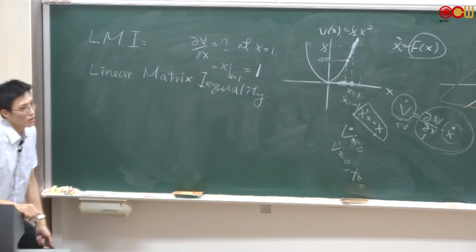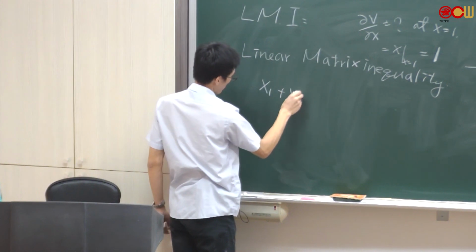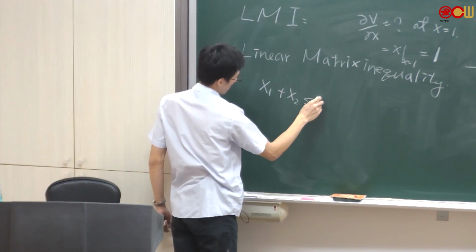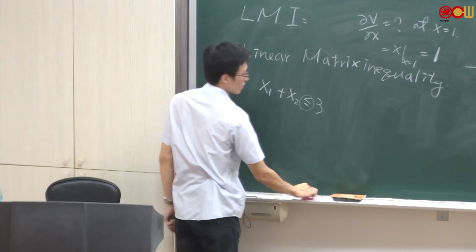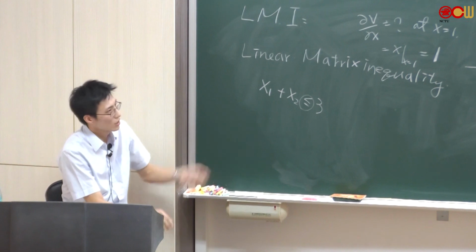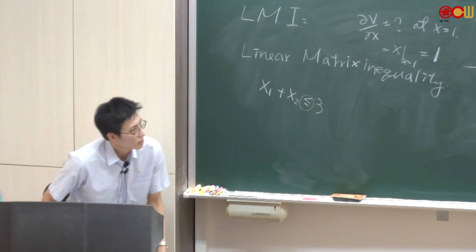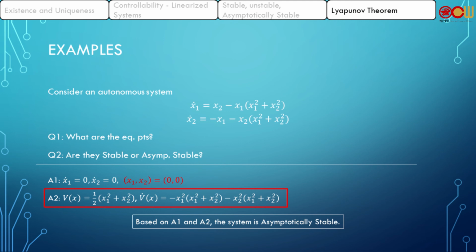But for nonlinear systems, it's usually hard to find. So we can search for this keyword if you are interested. But here we just randomly pick or design the Lyapunov function.